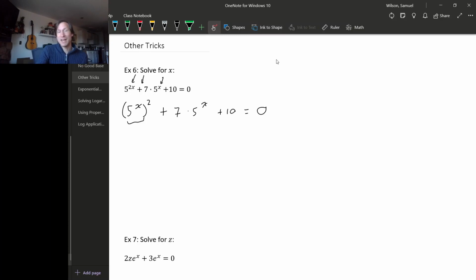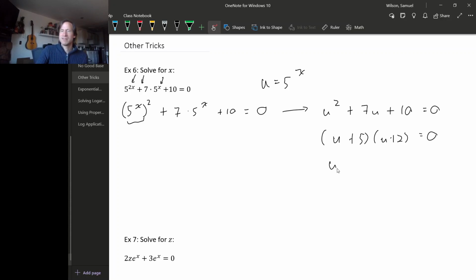In fact, if it helps you see how this works, you could even do a substitution. Let u be 5 to the x, then this is u squared plus 7u plus 10 equals 0. Now this is quadratic, so we can solve it however we like. This one happens to factor, so this is u plus 5 times u plus 2 equals 0.